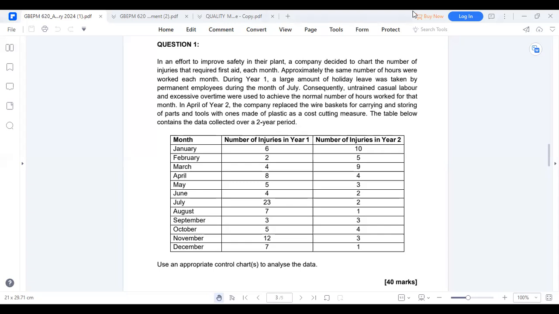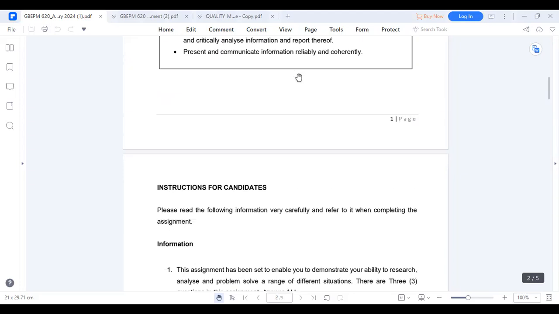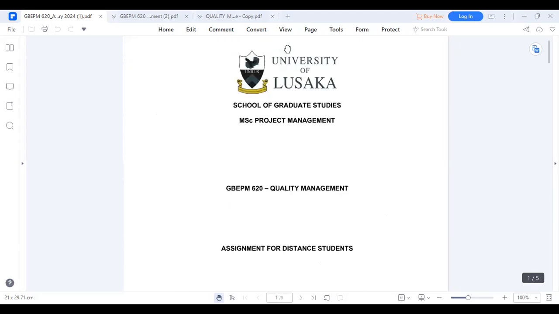We are looking at quality management. Under quality management, we're getting down to assignment review.